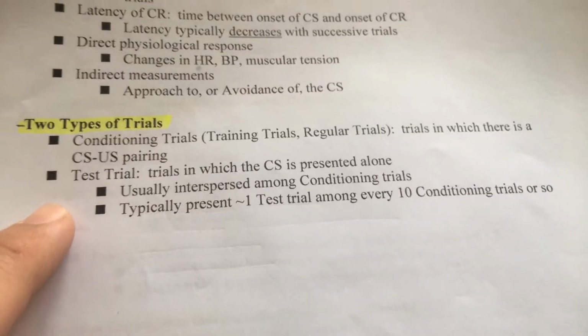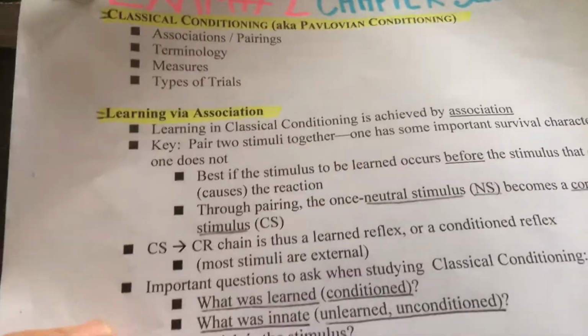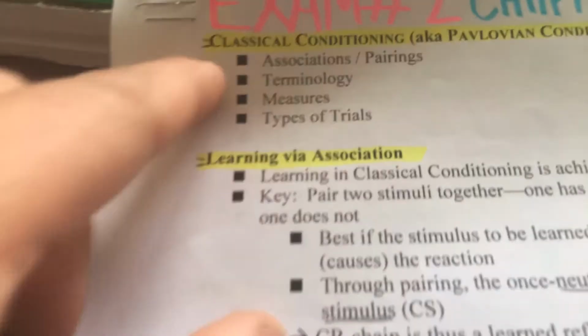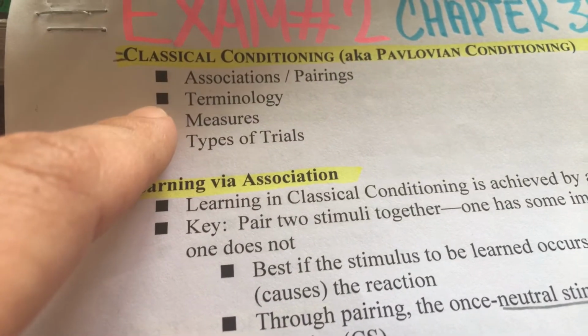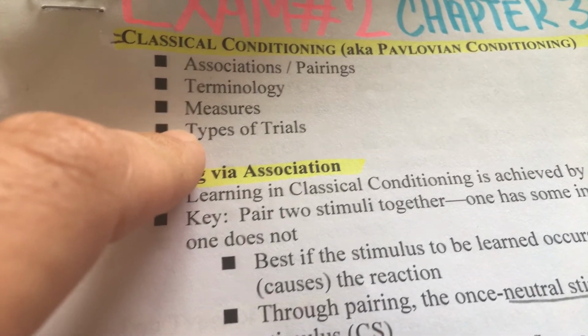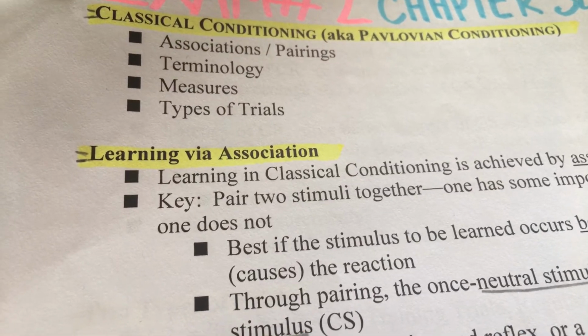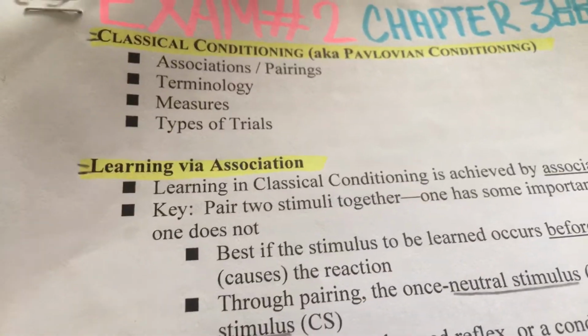So, yeah. So we went over associations and pairings, terminology, measures, and the types of trials that are used in classical conditioning. Now, most importantly, as you read, I find it important to review all of these.